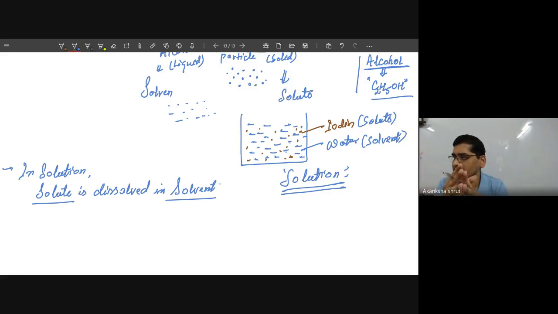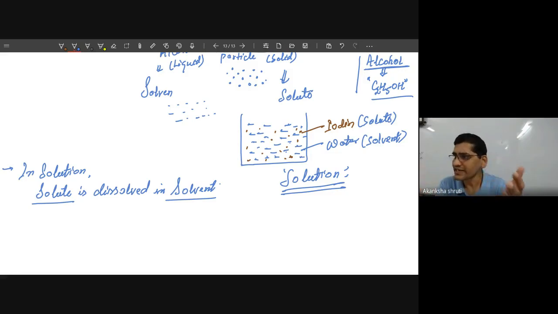Some of you may add just 50 gram of sugar in 1 liter of water. Some of you may add 100 gram of sugar, some 80 gram, some 200 gram. Means the amount of sugar that is able to dissolve in water can vary. So the amount of solute dissolved in solution decides the sweetness.